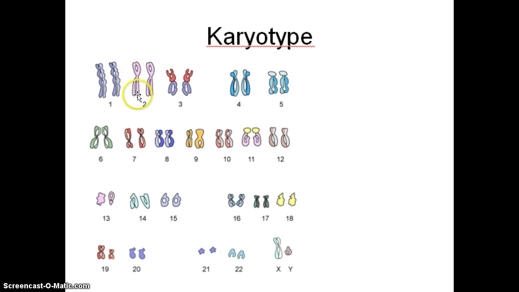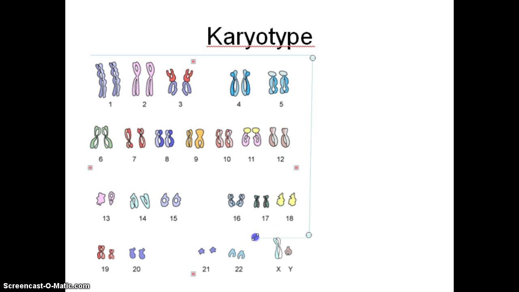So these are tetrads lined up, but one of these you got from your mom and one of them you got from your dad. So chromosomes 1 all the way down to 22, so all of these chromosomes. And actually, let's box those up. So all of these chromosomes here, 1 through 22, we consider those autosomes.